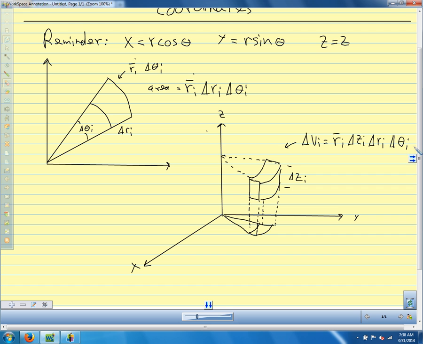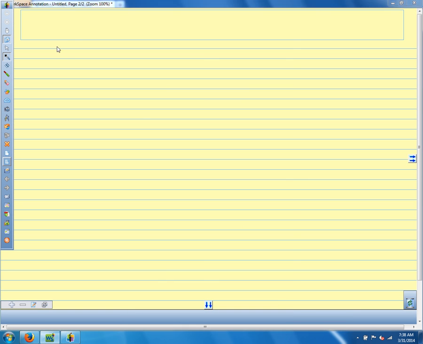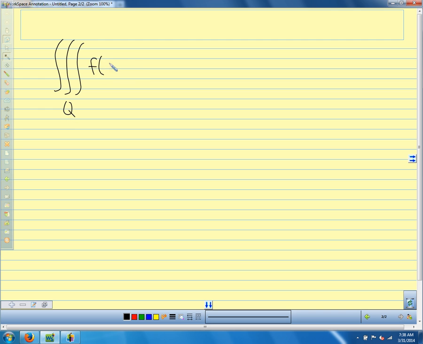So our triple integral for our cylindrical region is going to be the triple integral over our region Q, and we say Q because we're talking about cylindrical coordinates, of f of x, y, z dV.